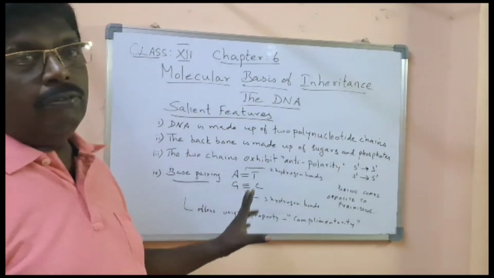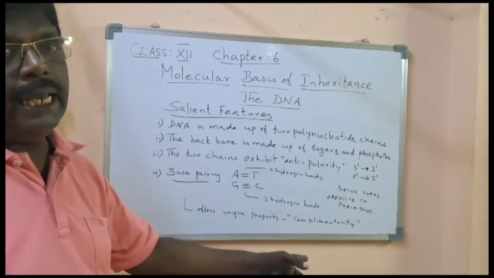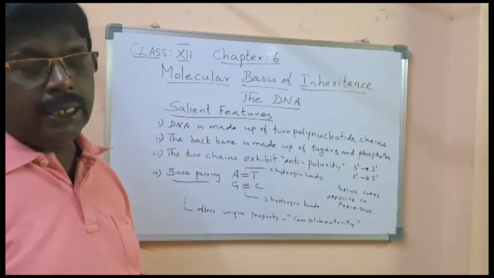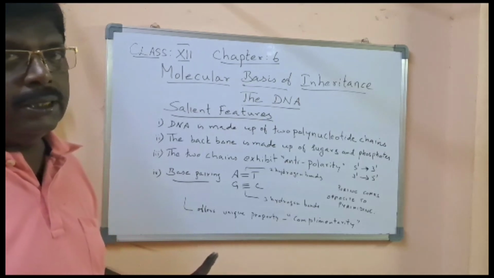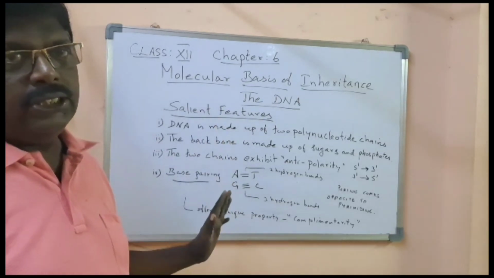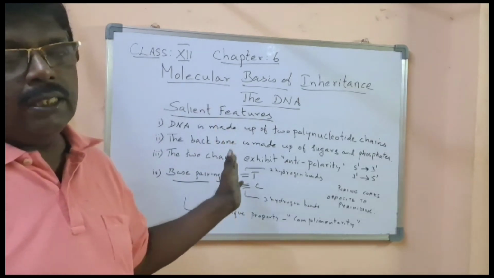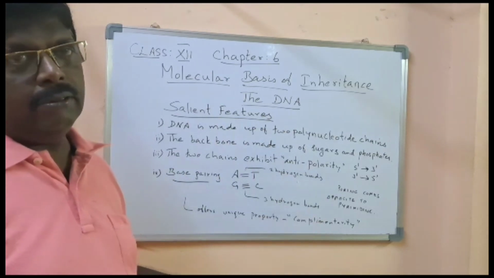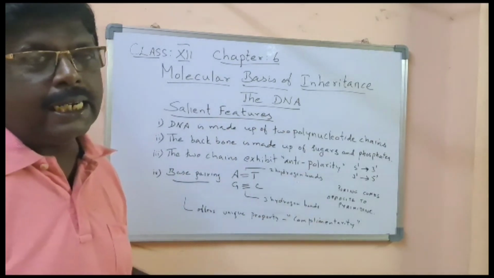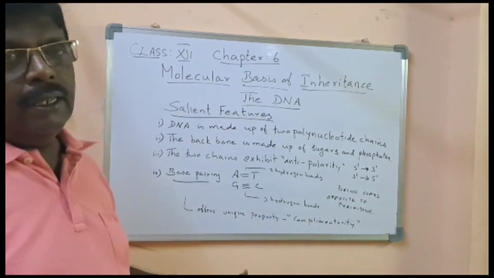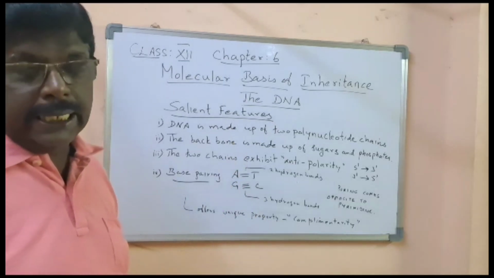And base pairing offers a unique property called complementarity. That means if there is one strand, the other strand can be predicted. One strand acts as a template, and finally two daughter DNA can be formed.